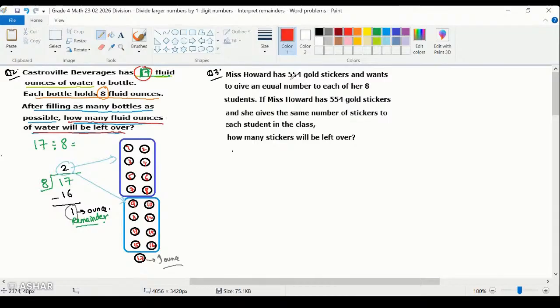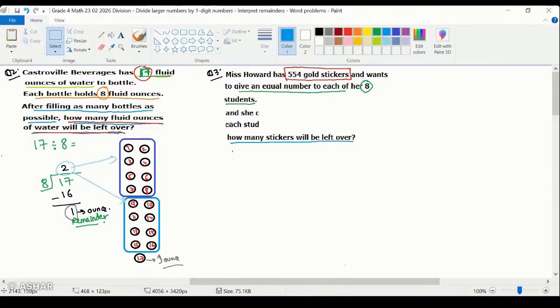If Mrs. Howard has 554 gold stickers, she wants to give an equal number to each of her 8 students. How many stickers will she be left with?